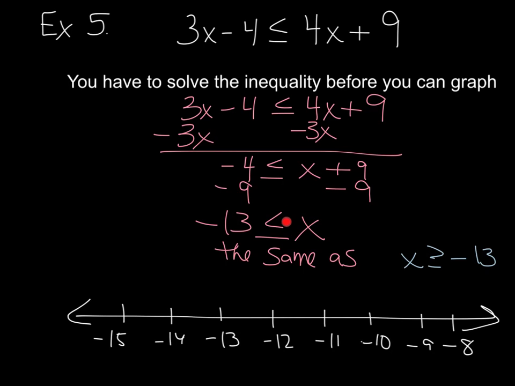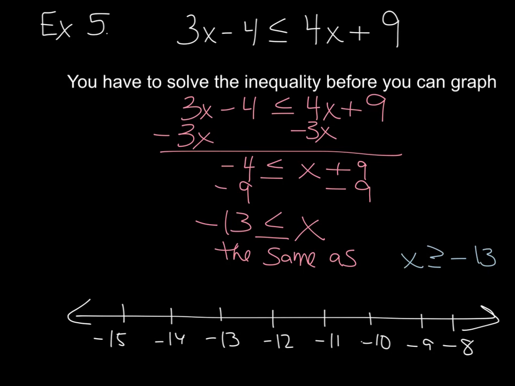So if it's open on the x side, it needs to be open on this side. So if you need it to be written with x on the left side, if this is more visually appealing for you, make sure when you switch it, you flip the inequality. I know we didn't divide or multiply by a negative, but again, it has to read the same way. Because if I read this from right to left, which I know is abnormal, it would read x is greater than negative 13, but this is probably more appealing to you.